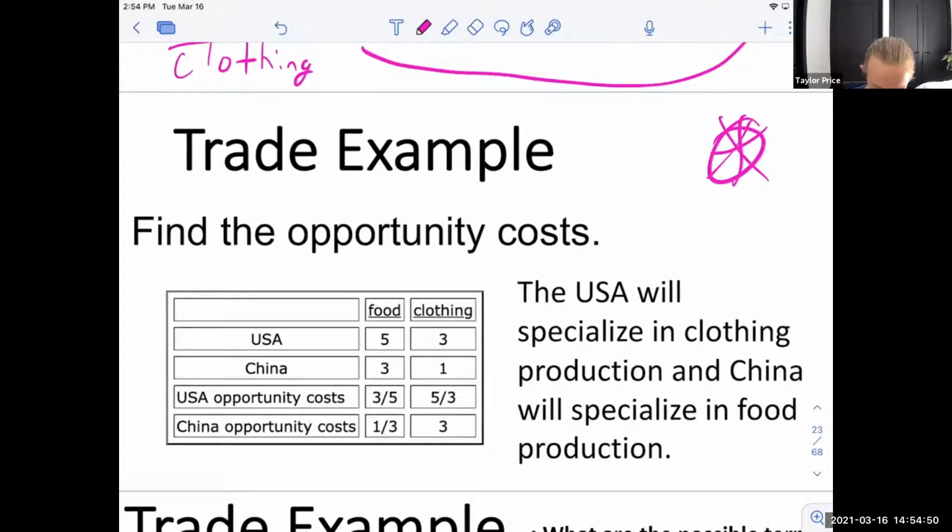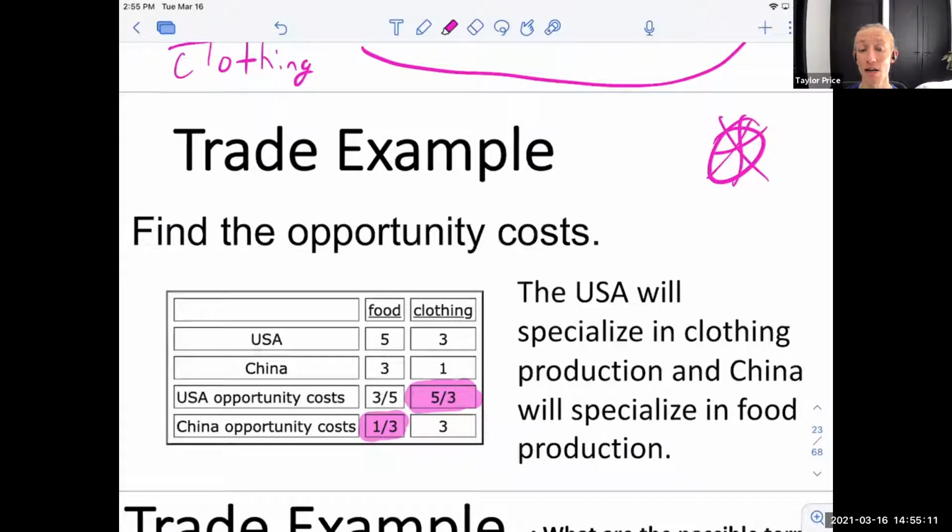We can see here that the US actually has the lowest opportunity cost for clothing, and China has the lowest opportunity cost for food. Because of that, the US is going to specialize in clothing production, and China is going to specialize in food production.